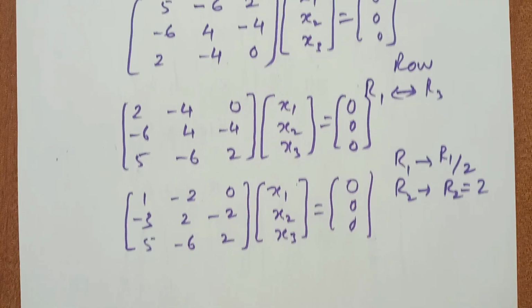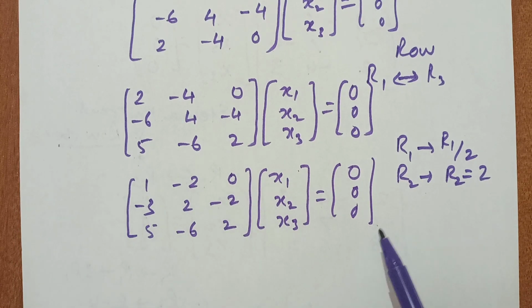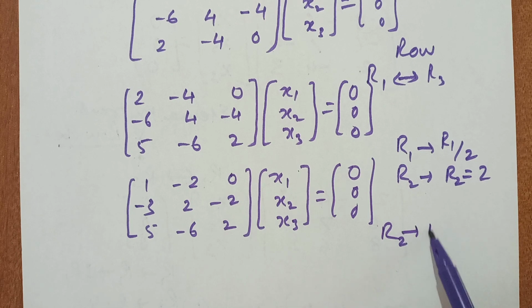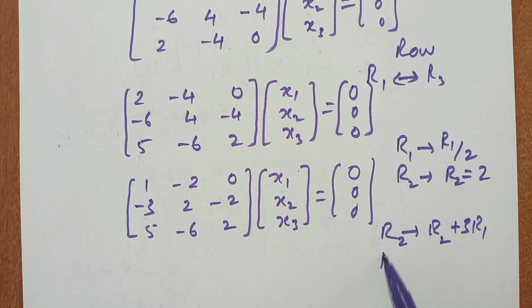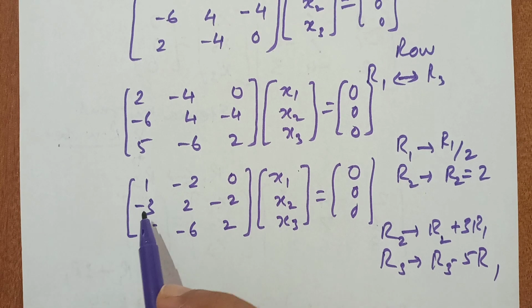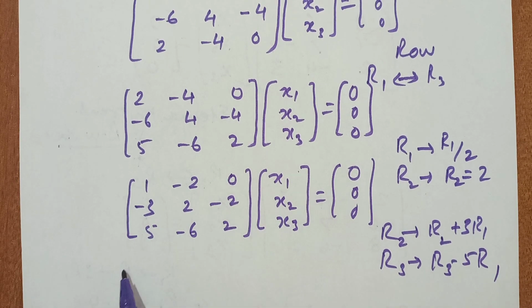Here, R2 tends to R2 plus 3 R1, and R3 tends to R3 minus 5 R1. It is very easy. Our aim is to make these entries 0. So 1 minus 2 0.